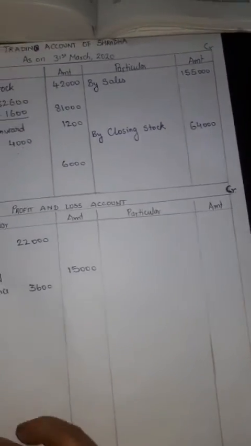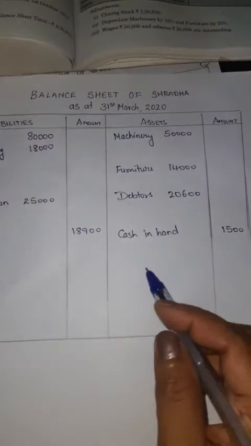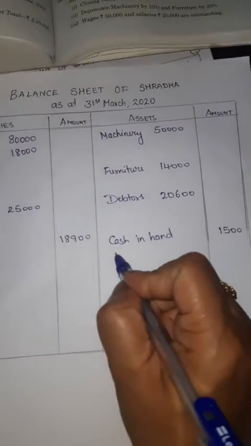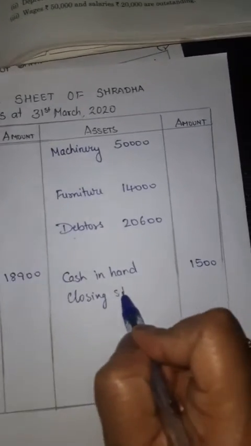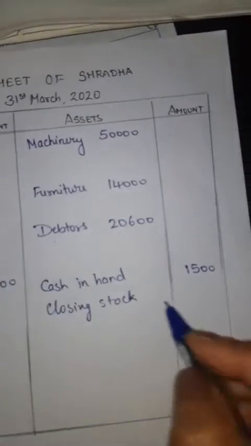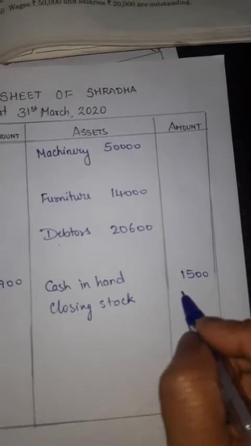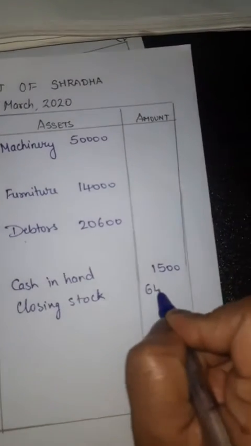Then the second effect of closing stock we can show in the balance sheet, asset side, closing stock, the amount given to you is the same, 64,000.